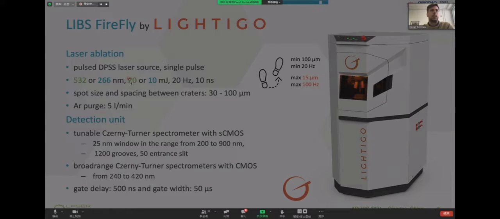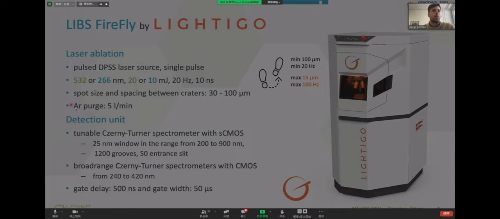We are using 20 or 10 millijoule respectively for the individual wavelengths, and I will also alter the repetition rate depending on the samples. Everything will be shown when we get to it. We follow those steps, the image of the footprints will indicate the step size, the repetition, and so on.